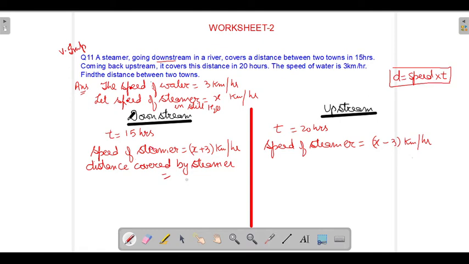Speed is x plus 3, multiplied by time, and the time for downstream is 15. So this is in kilometers.